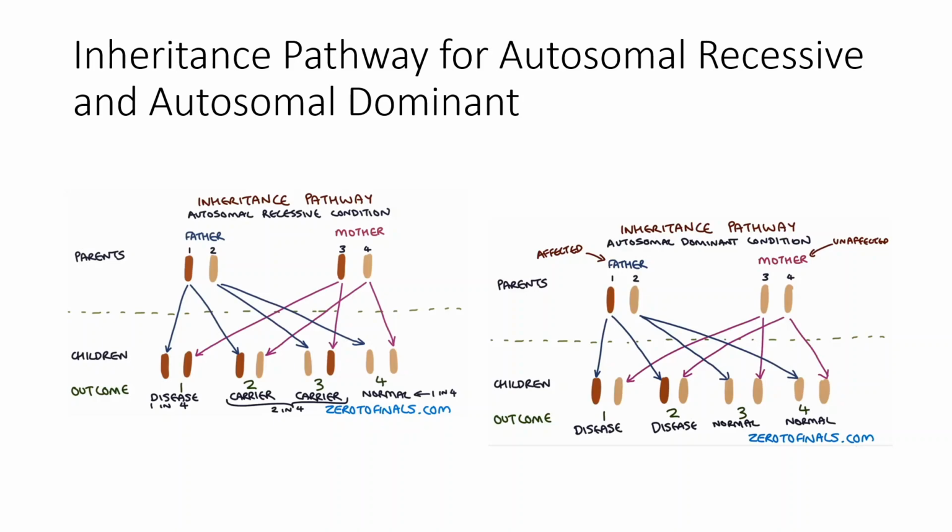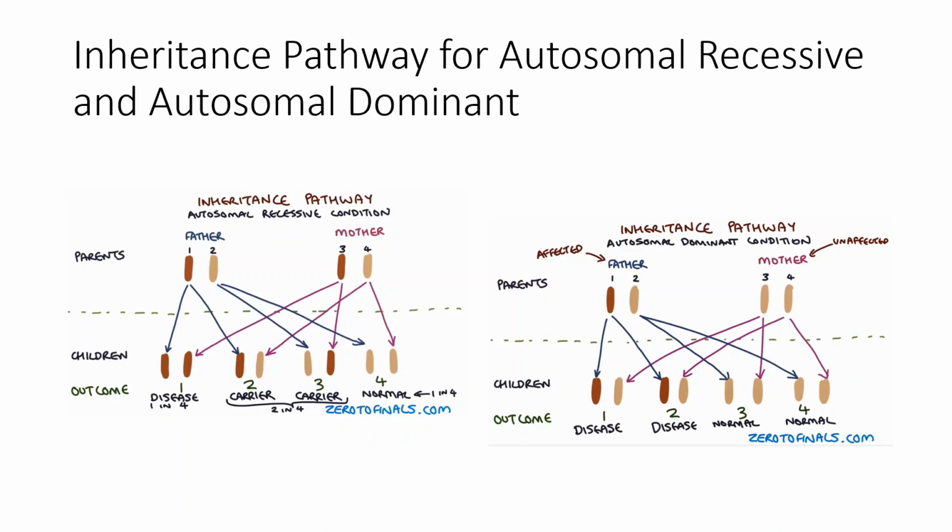Now, looking to the side, we have the inheritance pathway for an autosomal dominant condition. Here, there is no carrier state, unlike the picture on the left. On the right side, the father is showing the disease.